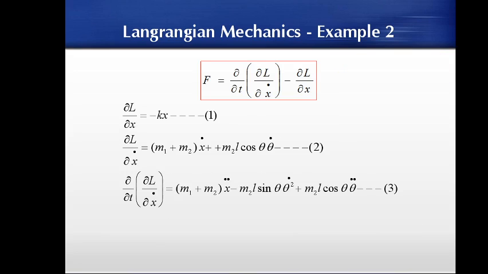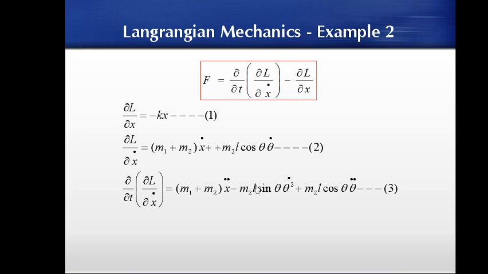So now I have the basic expression for force. The first expression, dou L by dou x, is minus kx, dou L by dou x dot is m1 plus m2 into x dot plus m2 L cos theta into theta dot, and the third term, that is dou by dt of dou L by dou x dot, is equation number 3.